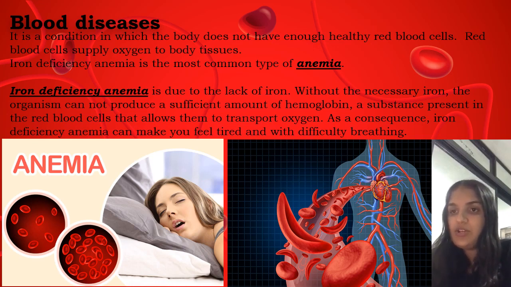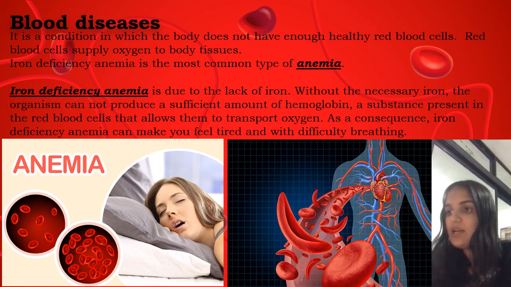Anemia is a condition in which the body does not have enough healthy red blood cells. Red blood cells supply oxygen to body tissues. Iron deficiency anemia is the most common type of anemia. It is due to the lack of iron.